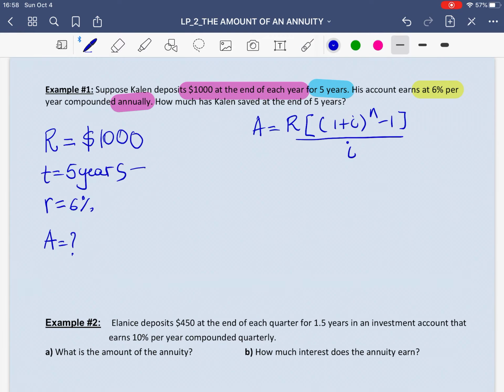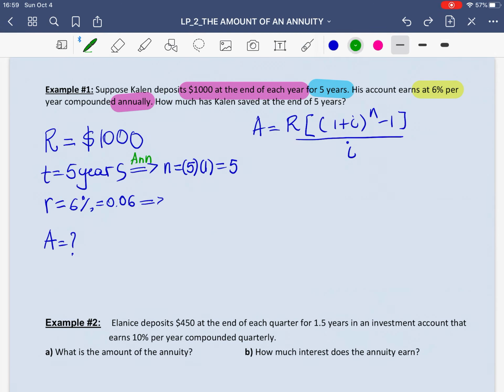So what I like to do is right where I write the information, I also convert time in years into compounding periods. Since the money is compounded annually, I know that the number of compounding periods will be 5 years, once a year, which is 5. The interest rate, on the other hand, which I must remind you one more time, always write it in decimal form, not in percentage.